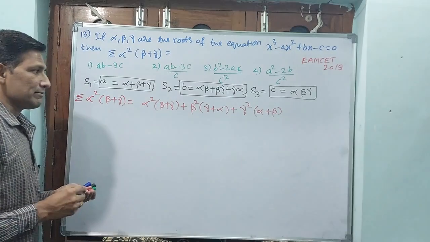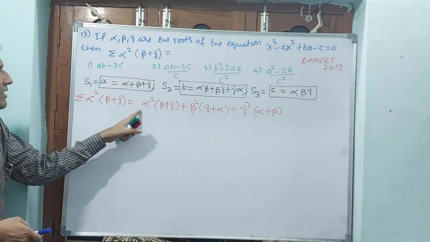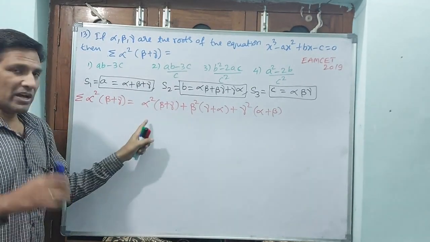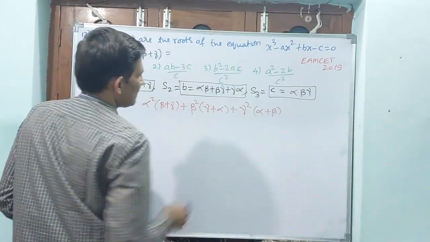This we require. Now I have removed sigma. Alpha square beta square gamma alpha, see, order you follow.